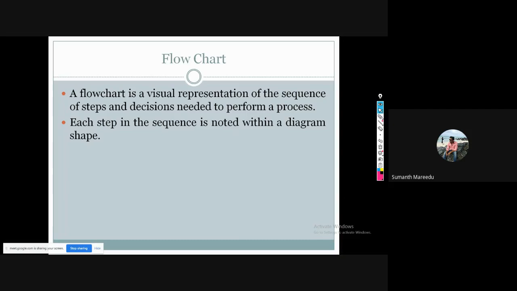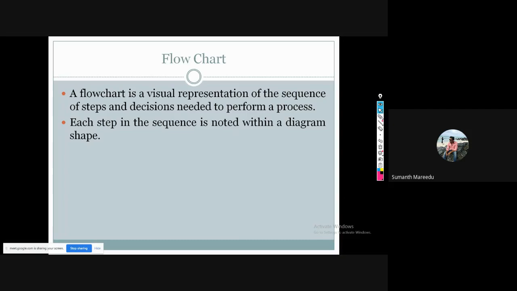By looking at that symbol, I can say this is an input, this is an output, this is a mathematical operation. But if I read the text inside that symbol, I can identify whether it is a plus b, or x plus y, or x divided by y.